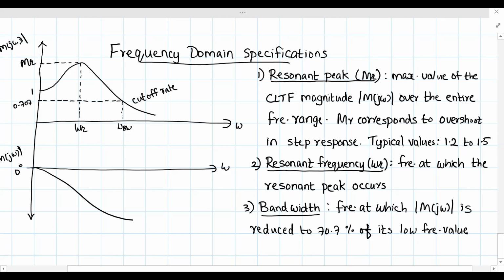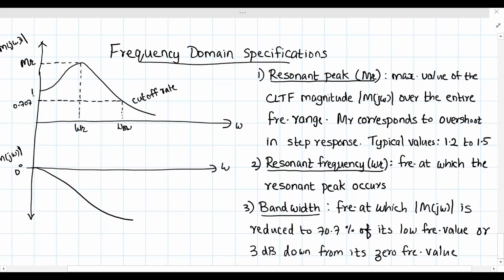Or, what is 1 in decibels? 20 log 1 is 0 dB, right? So 3 dB down. That's also an equivalent way of representing bandwidth: 3 decibels down from its zero frequency value. That is what is called bandwidth.